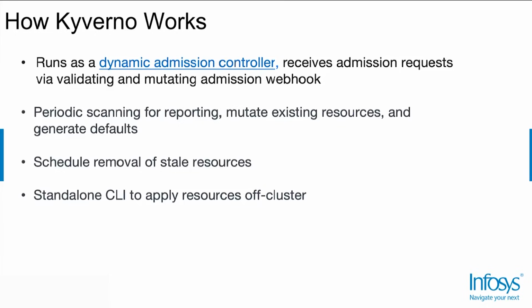You have the background controller, which generates the default resources or mutates the existing resources, like patching labels to your deployment. You have the cleanup controller, which schedules the removal of stale resources. Like mentioned earlier, you want to clean up all the bare pods running in your cluster.